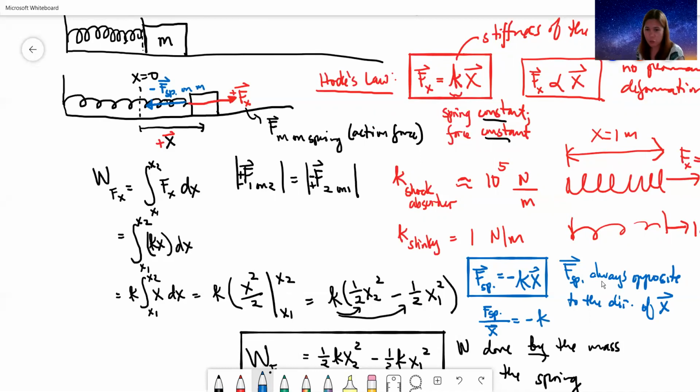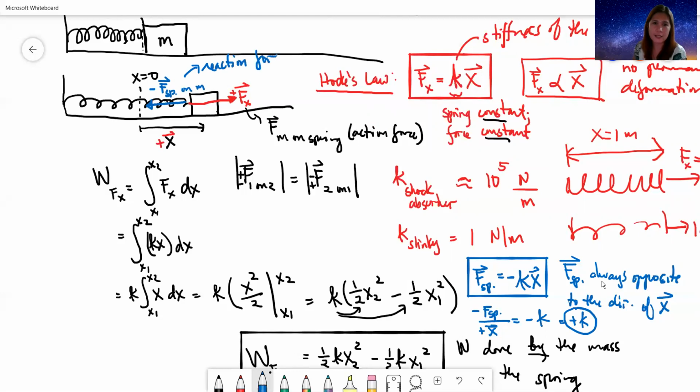So if x is negative, then with the negative sign here, you get a positive k. If x is positive, F is negative, so negative times negative gives a positive k again. So that's one reason k is always positive.